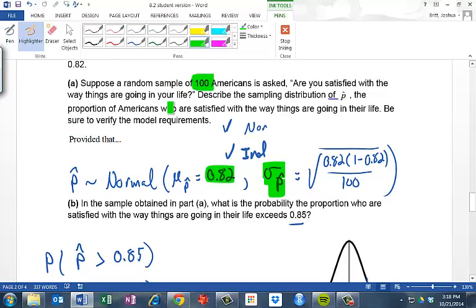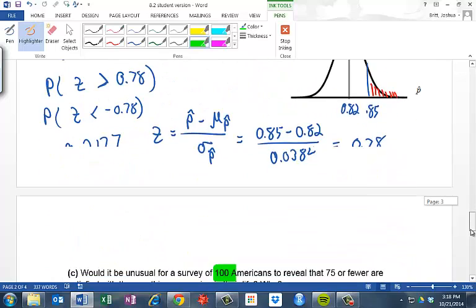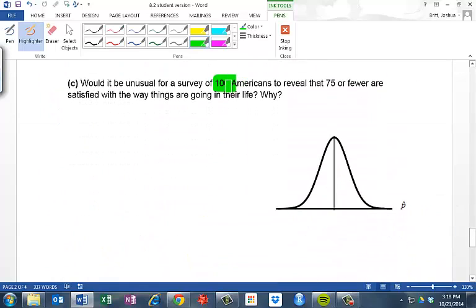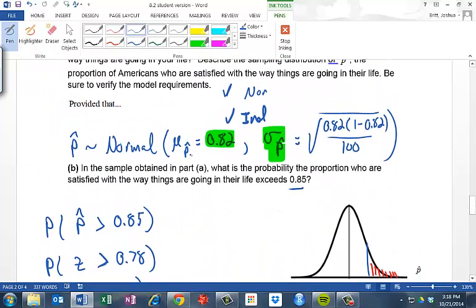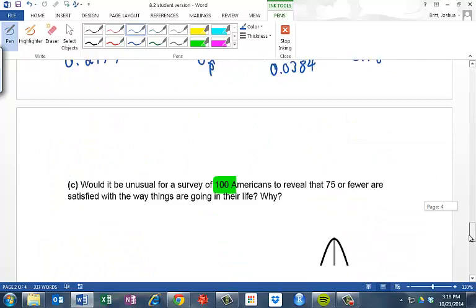Okay, it was originally 100, so we got the distribution here based on 100, and so down here it's still the same, so we're still using that same distribution as above. Same mean and same standard deviation.